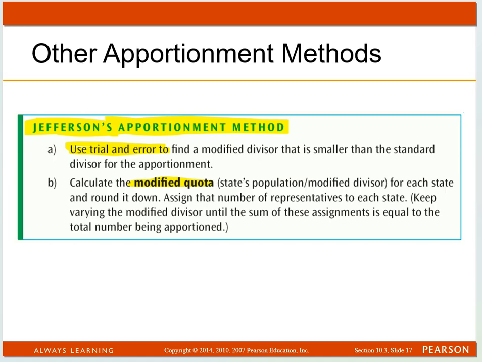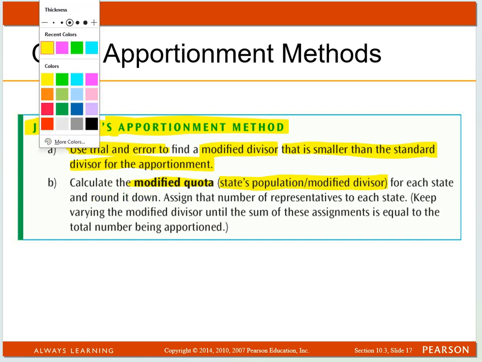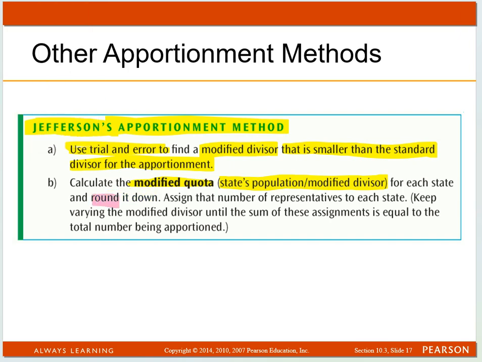He's going to use trial and error to find a modified divisor that is smaller than the standard divisor for the apportionment. And he'll calculate the modified quota, which is the state's population divided by the modified divisor for each state, and round down. I'm going to put that in a different color. He will round down, and then he'll assign the number of reps to each state.